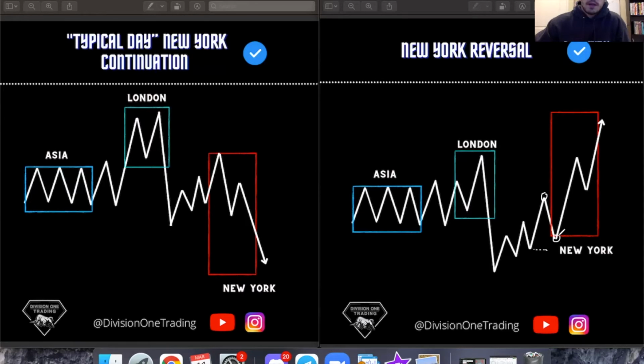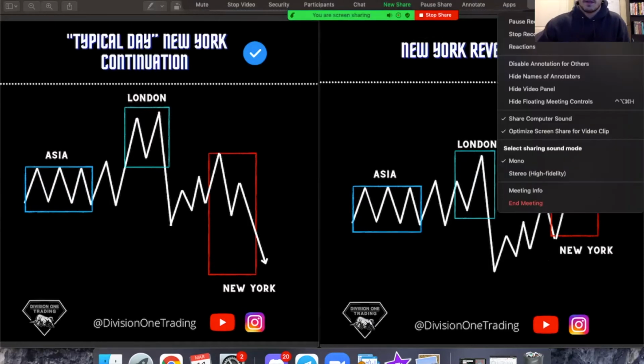We can't make a lower low, and then we trade higher. Now we have two levels that are bunched up right near the high of the day. That gives us an opportunity to look for a retest right here and get long with the New York reversal. So let's go ahead and hop into the charts real quick and talk about that.